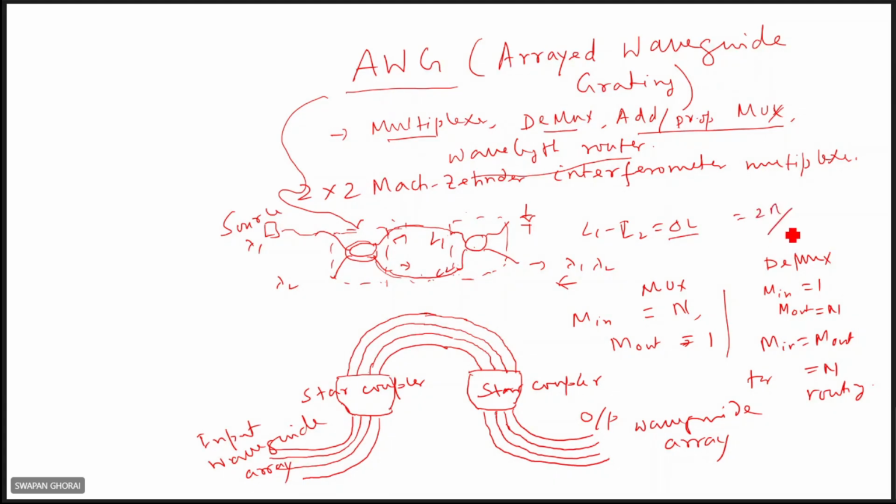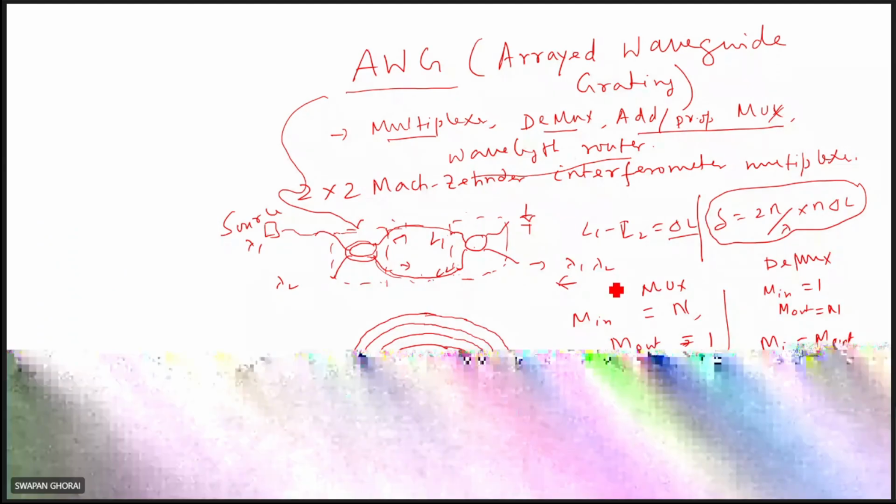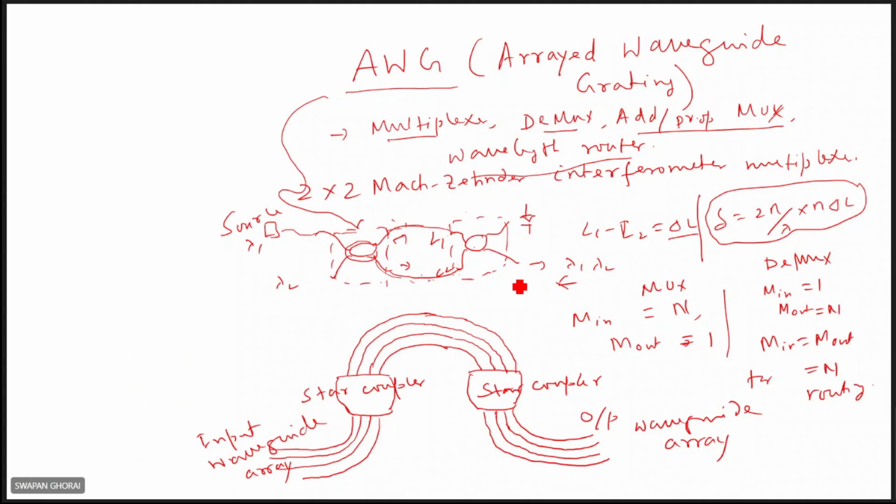The phase difference delta is 2 pi by lambda times the refractive index times the path difference delta L. Based on this phase difference, you can have different wavelengths, or the same wavelengths with different power. So this is Mach-Zehnder, and the arrayed waveguide grating consists of several such Mach-Zehnders.